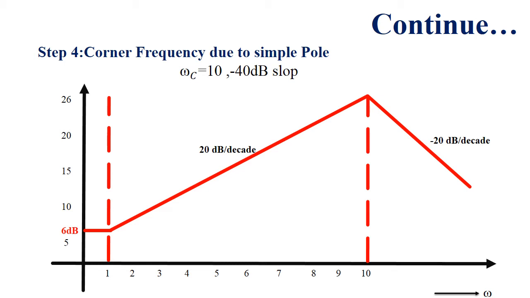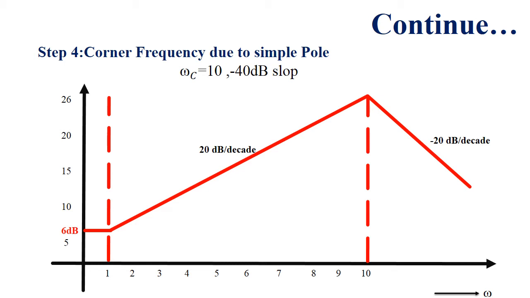So minus 20 plus minus 20 means a minus 40 dB slope will occur in the Bode diagram, and our corner frequency is equal to 10, because s plus 10 equals frequency, and we are taking s equals minus 10, and for the frequency we will take this term as positive 10. So the corner frequency is 10 and we have the slope of minus 40.